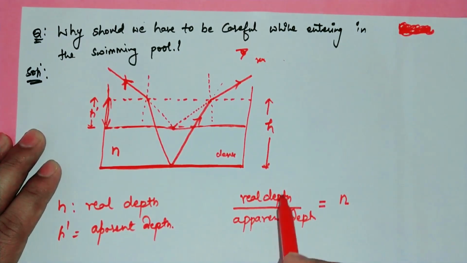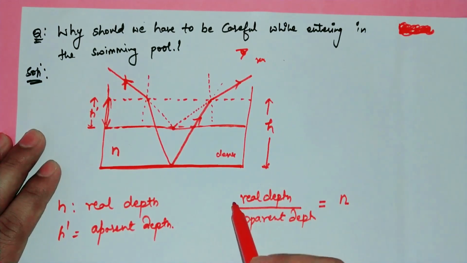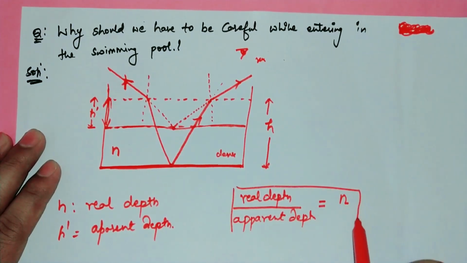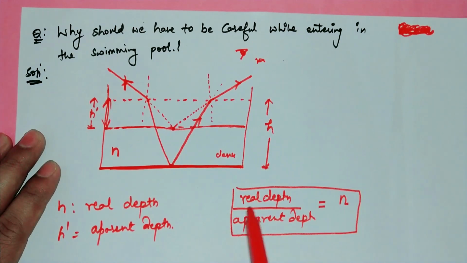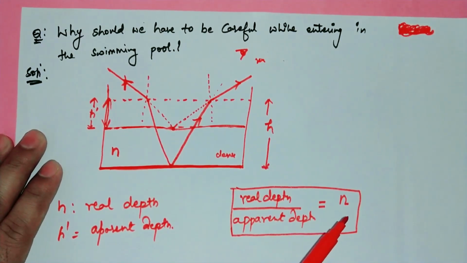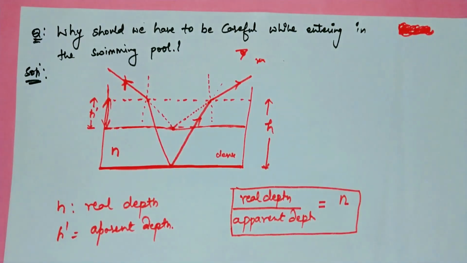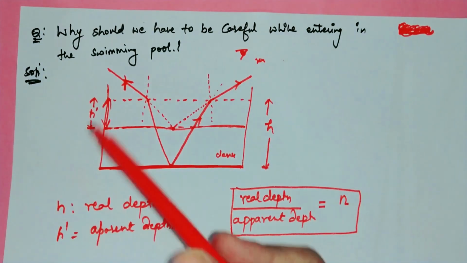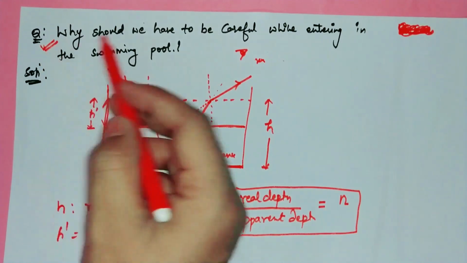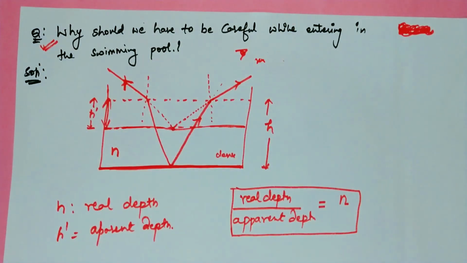There are no numericals related to this in your NCERT, and this formula is not given there, but still you can find the real depth and apparent depth. This is a really very important question: why should we be careful while entering the swimming pool? The theory part you have to write by yourself.